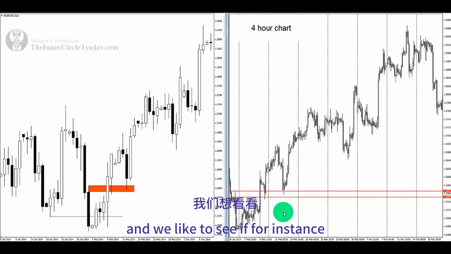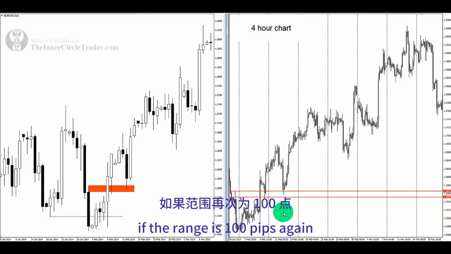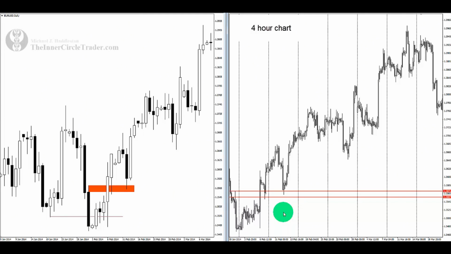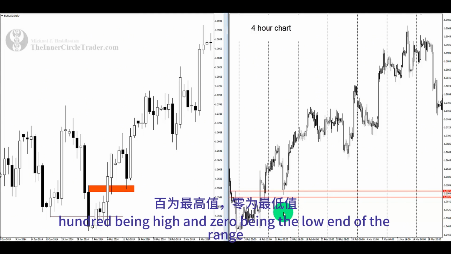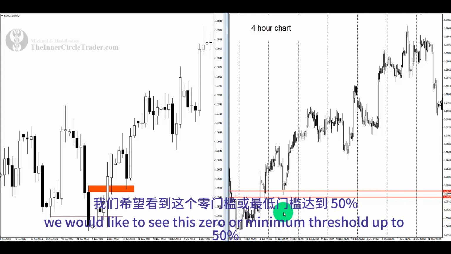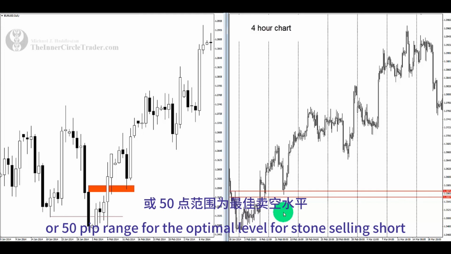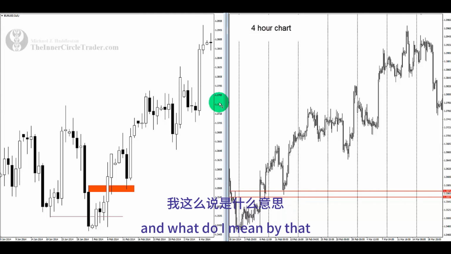If the range is 100 pips, with 100 being the high and 0 being the low end of the range, we would like to see the 0 or minimum threshold up to the 50% level as the optimal area for selling short. What do I mean by that?